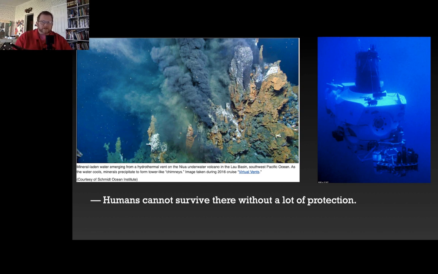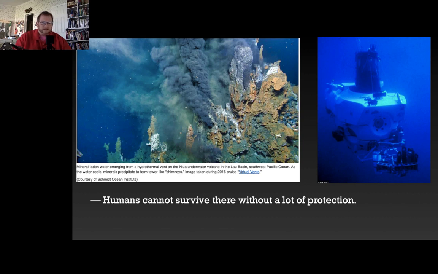So they've got all this metal that's protecting the 2 or 3 scientists that are in it, male or female. Protecting the scientists that are in it, number one, from the pressure, because the pressure is so high, but also from the temperature, from the acids in the water.